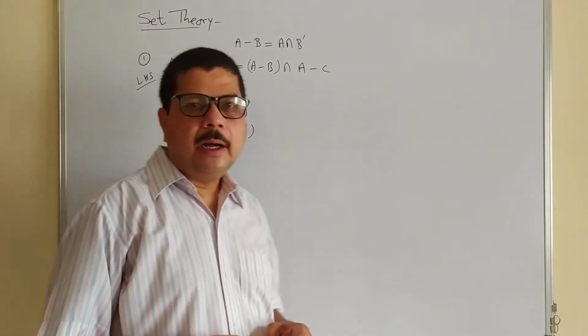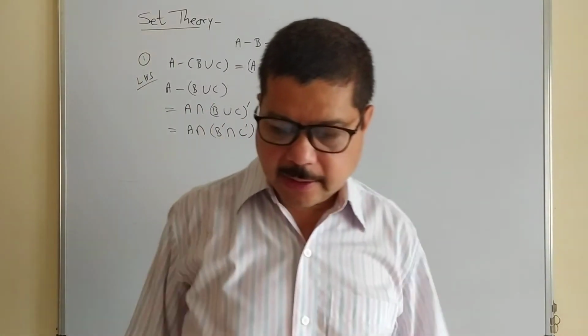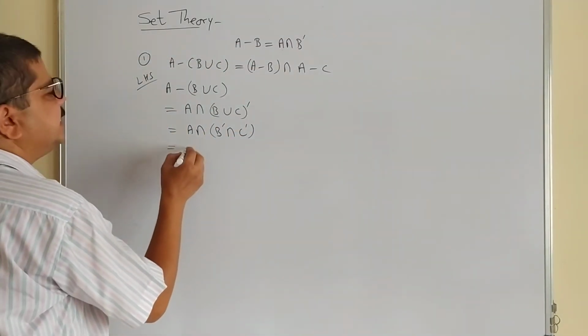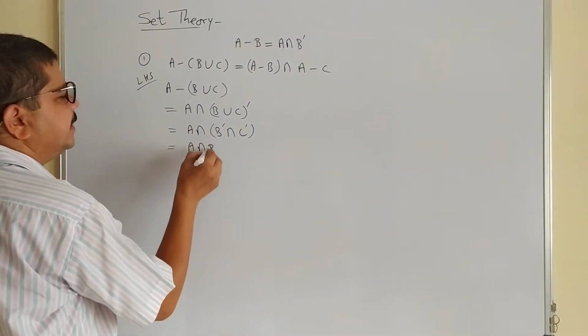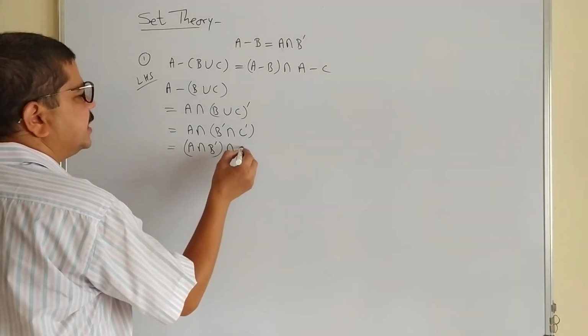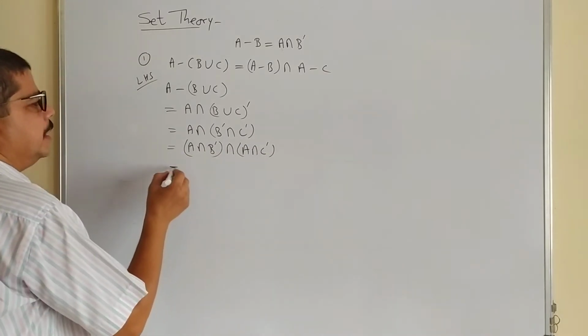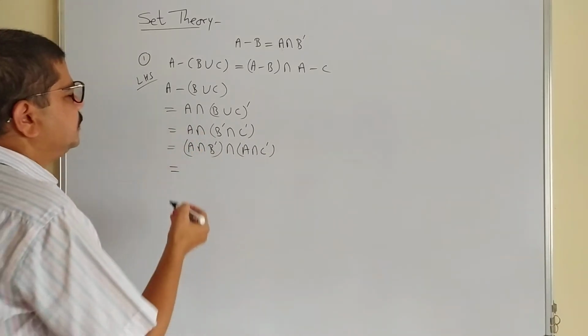This is De Morgan's law, and that is A intersection B complement intersection A intersection C complement. This is De Morgan's law.